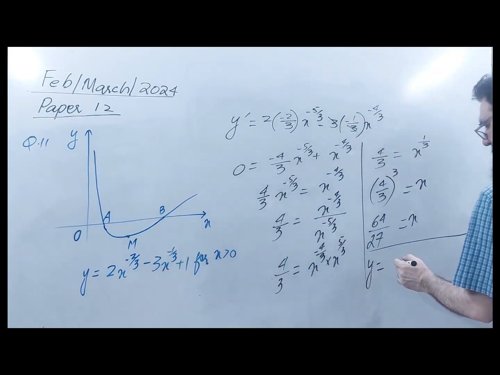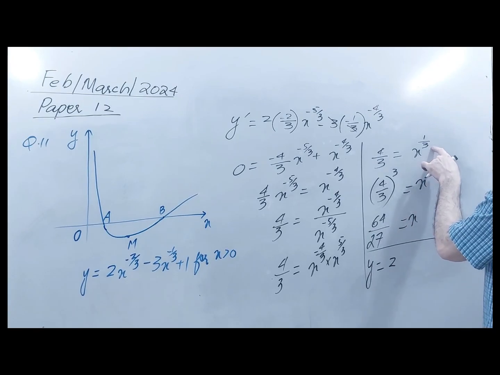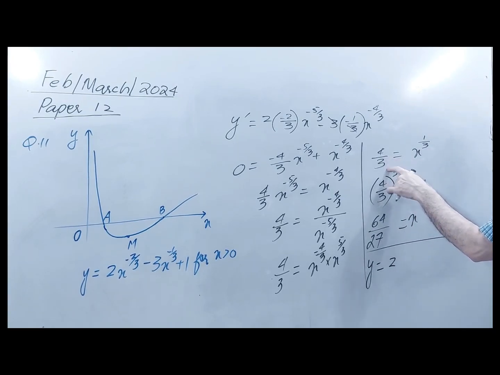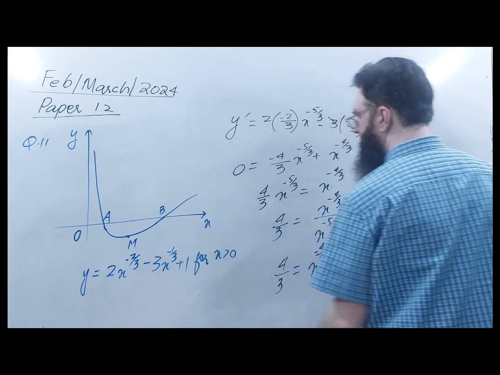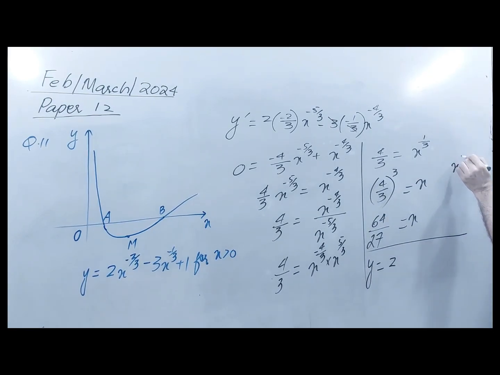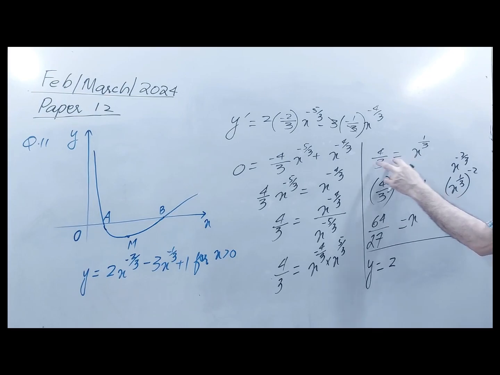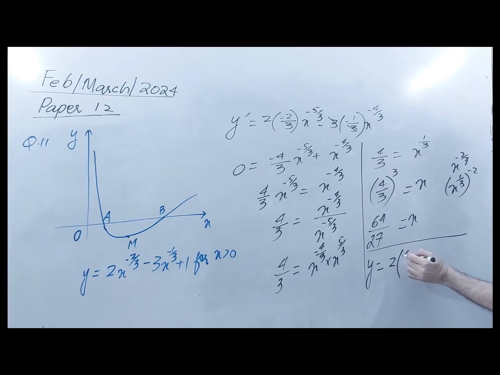What you can write is 2. X power 1 by 3 is 4 by 3. Look, x power minus 2 by 3, I just explained, can be written as x 1 by 3 whole power minus 2. So you can put x 1 by 3 exactly 4 by 3 here. So it's 4 by 3 whole power minus 2.